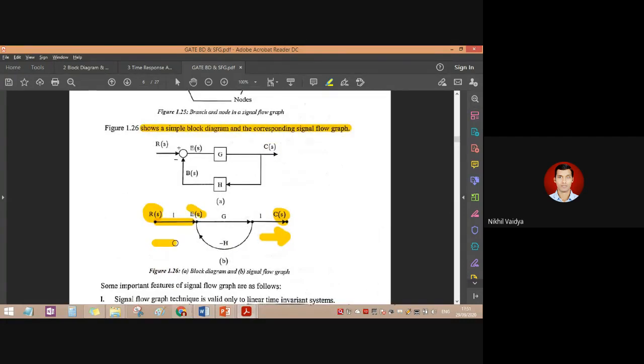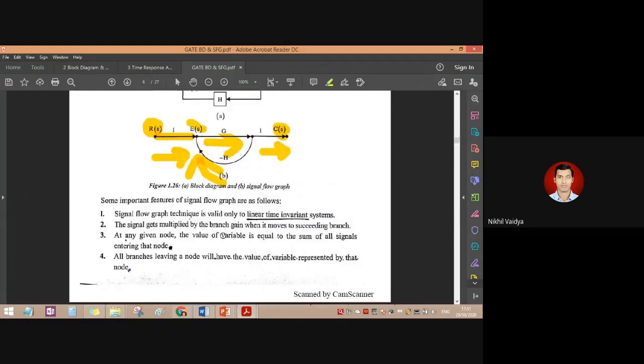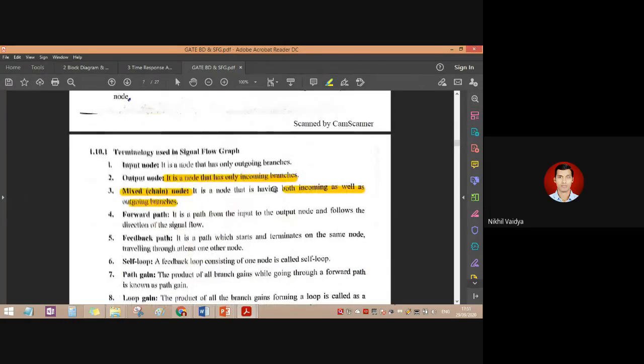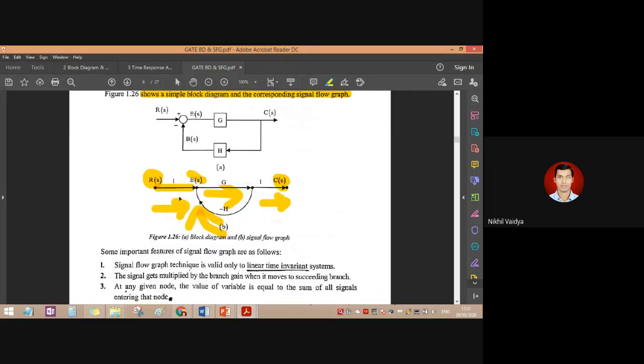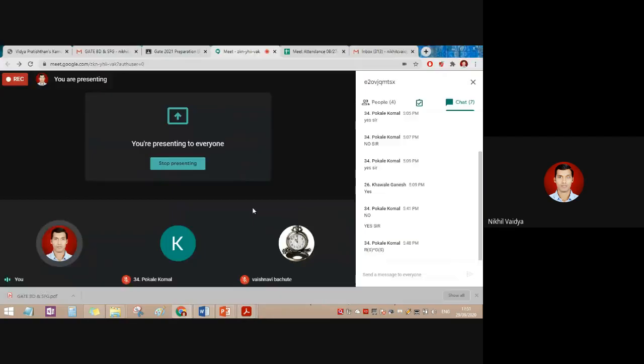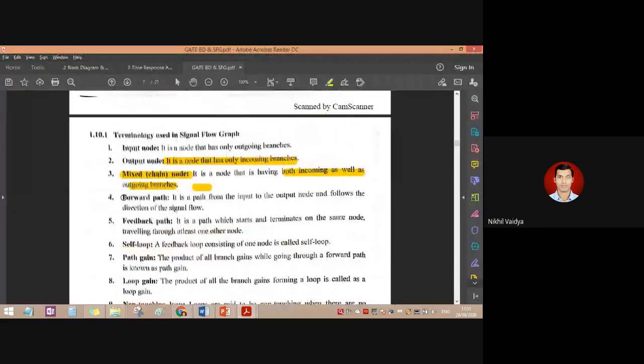E of s has two incoming branches and one outgoing branch, so this is called a mixed node. This other node is also a mixed node, with one incoming and two outgoing branches.